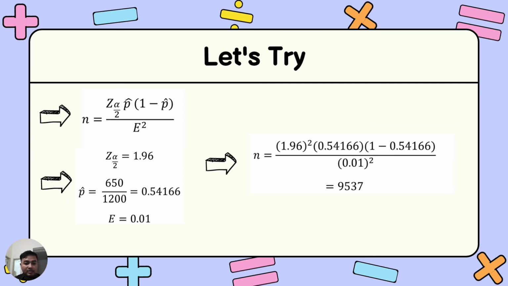Next, we find another value, 650 over 1200, and you can get the answer 0.5416. And then you have the value of E, which is 0.01. So you can put all the values into the formula, and the final answer is 9537. And that's all from me.